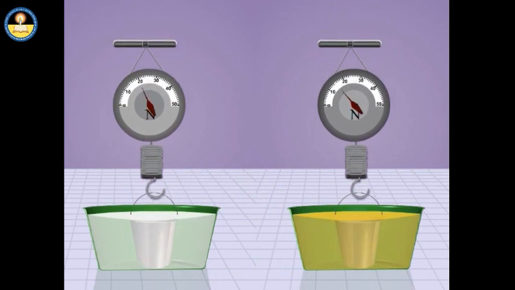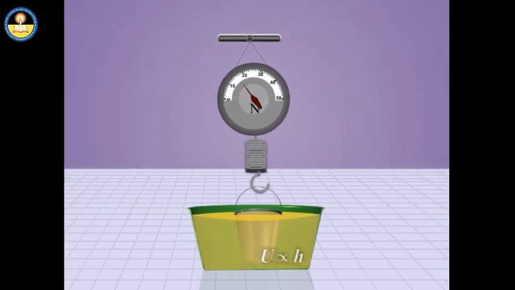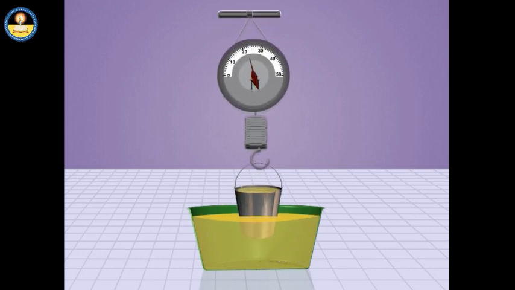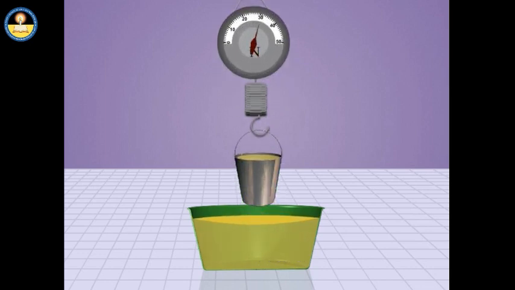It indicates that when an object is immersed in a liquid, its weight is reduced, and that depends upon the density of the liquid as well as the height of the object placed under the liquid. However, the buoyant force is due to the gravity acting on the fluid.